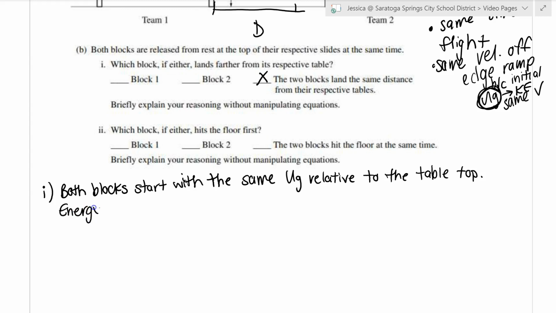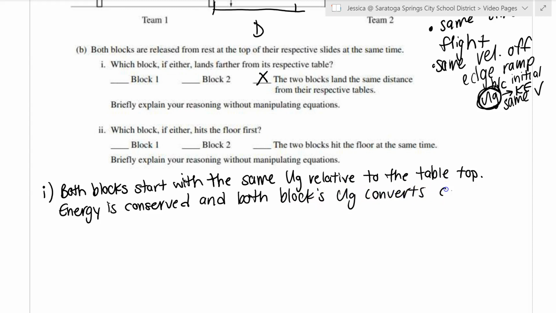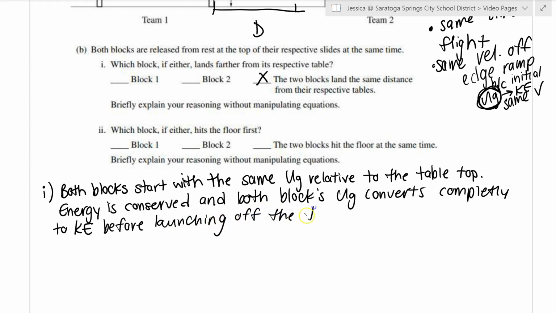Energy is conserved, and for both blocks, UG converts completely to KE before launching off the table.